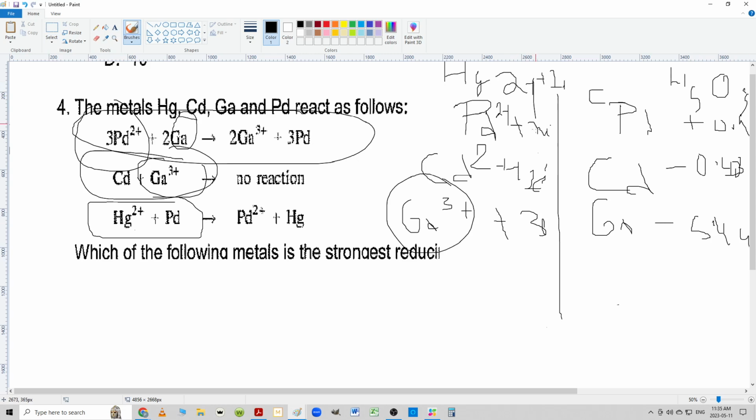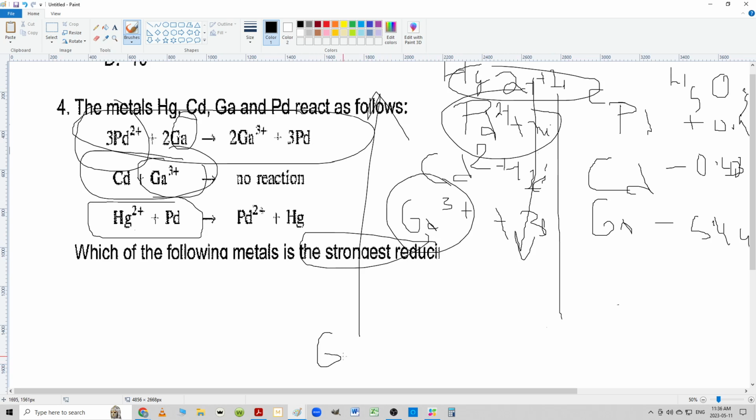Which means this is the correct reduction order from top oxidization down, but they want the strongest reducing agent, which means we go in this order. So the order would be Ga3+, Cd2+, Pd2+, Hg2+, and sometimes they'll write it just as their metals.